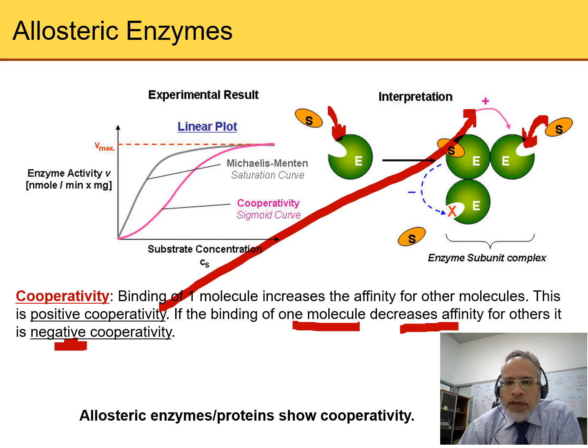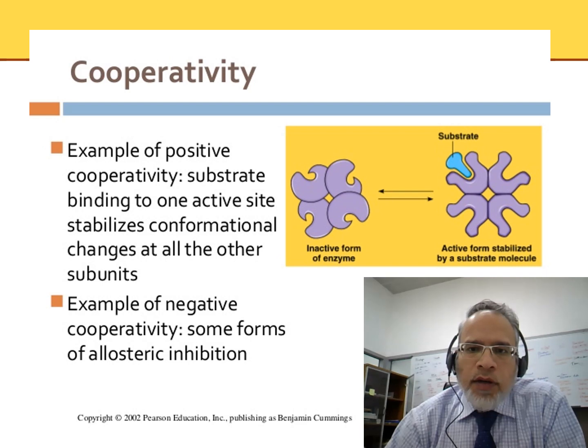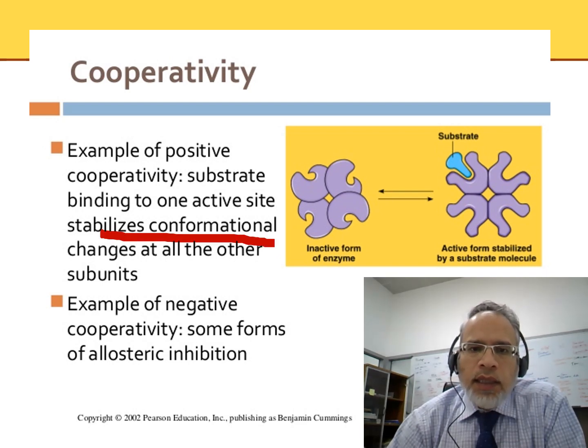If binding of the substrate to the enzyme decreases the affinity for this one to bind here, this would be an example of negative cooperativity. Right? So I hope this makes sense. Again, for positive, substrate binding to one site stabilizes the conformation, and then it makes it bind to the other ones more. Some forms can be negative as well.